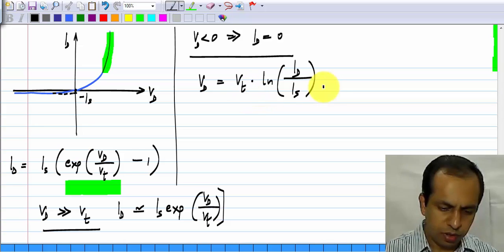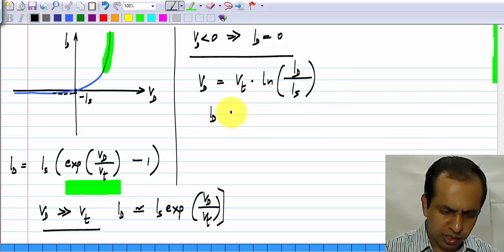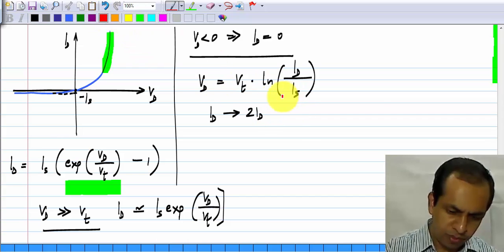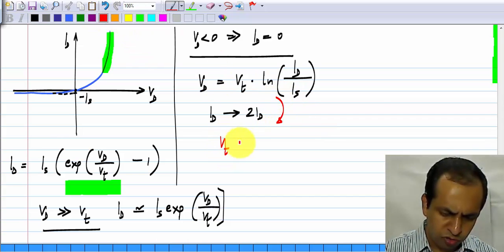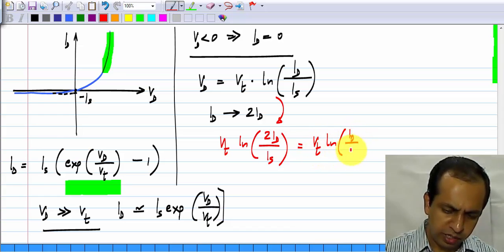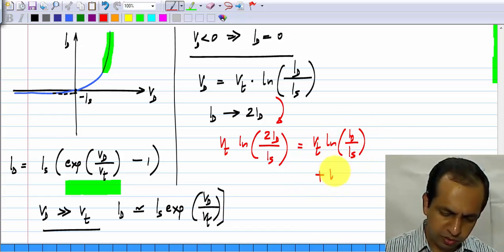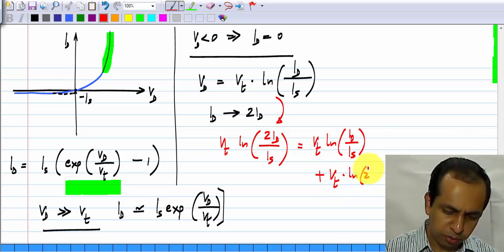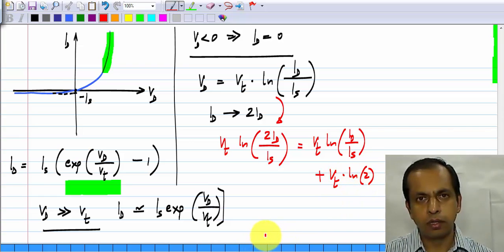Now let us say ID is doubled, ID becomes 2 ID, then this changes to VT ln of 2 ID by IS, which is basically the old value VT ln ID by IS plus VT times the natural logarithm of 2.